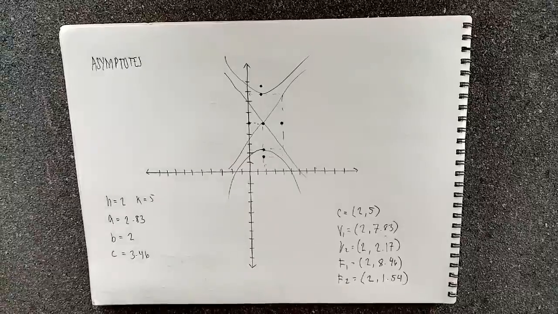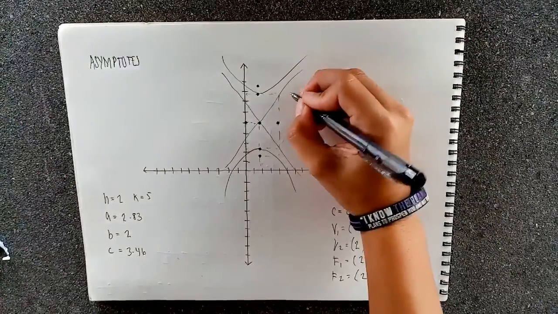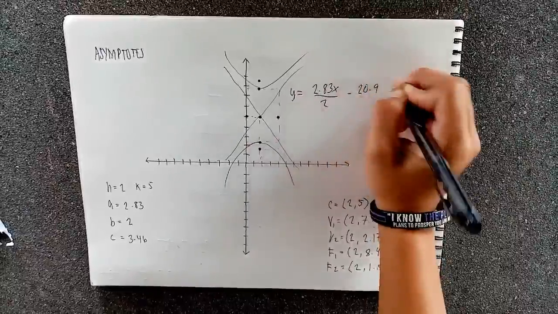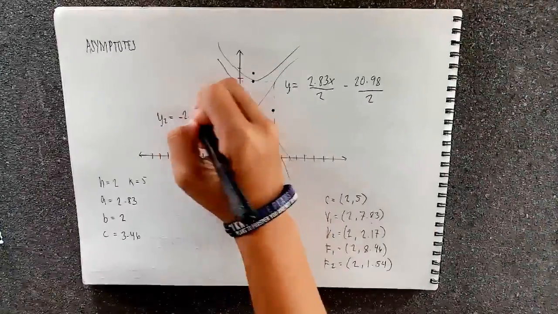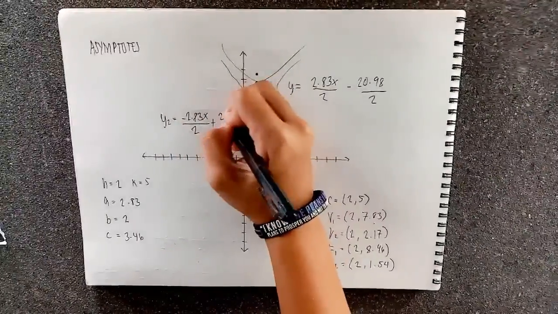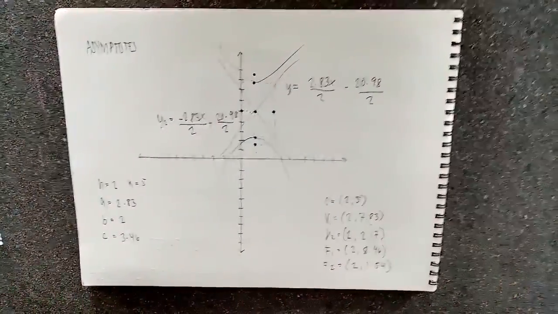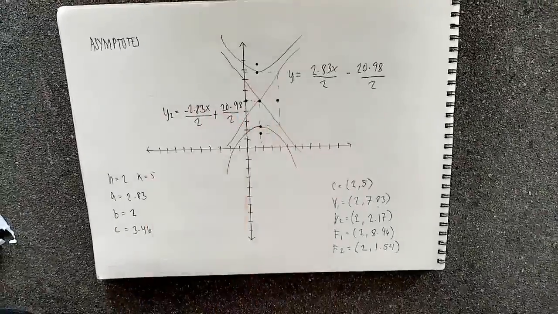And now let's put the asymptotes. For y1, you have 2.83x over 2 minus 20.98 over 2, and for y2 it will be negative 2.83x over 2 plus 20.98 over 2. That's all.